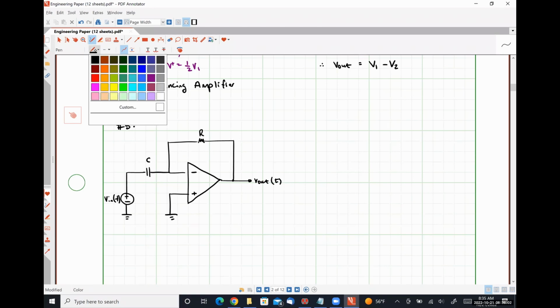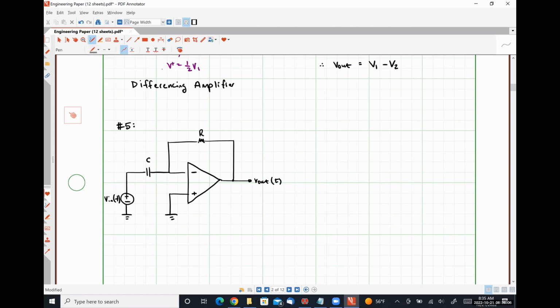So just as a quick reminder, we know that current flowing through a capacitor is given by C dV by dt.